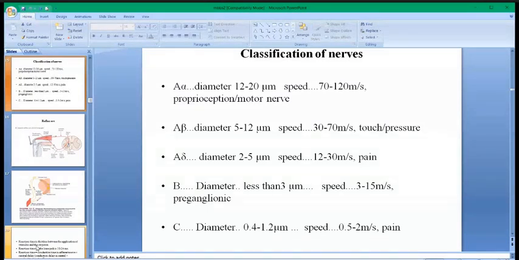Now there are different types of nerves, because neurons and nerves are different. Neurons means there will be dendrite, cell body, axon, right? But some neurons surrounded by non-neural tissues is called a nerve.